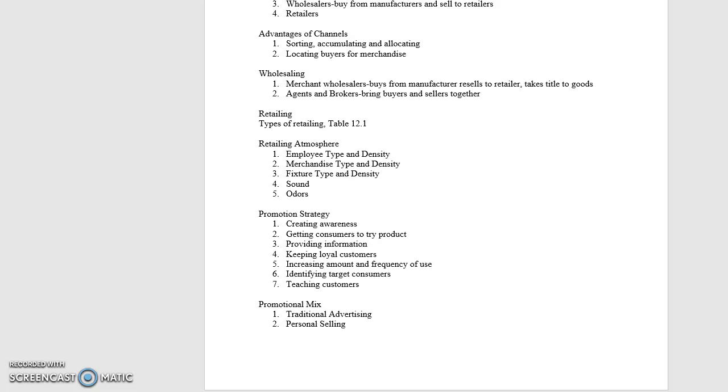Different ways of displaying things. Sound, music plays a big part in atmospherics, and so does smell. Most people love the smell of bread baking. So that's why in a lot of grocery stores, the deli is up front so that when customers enter, they can smell that wonderful smell.